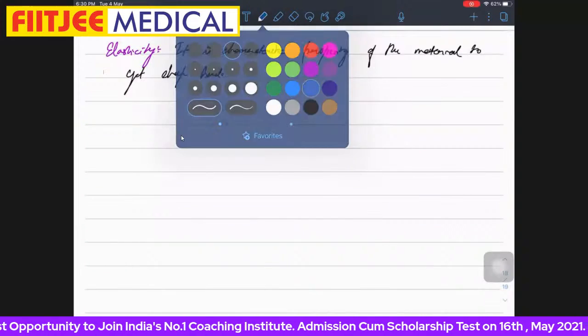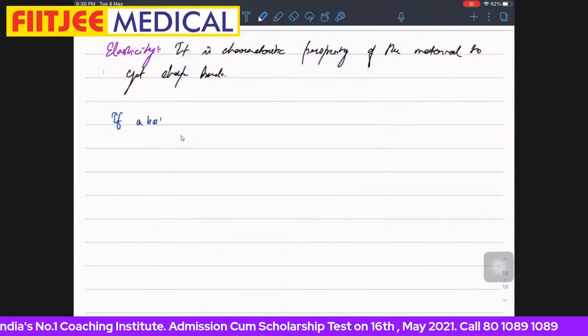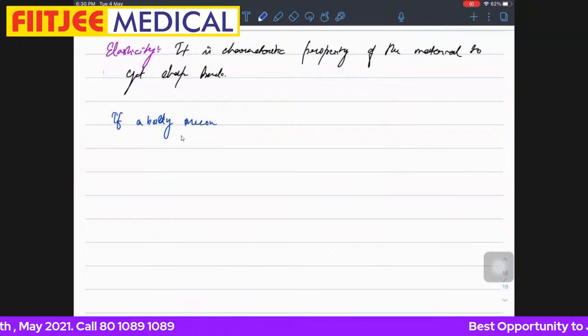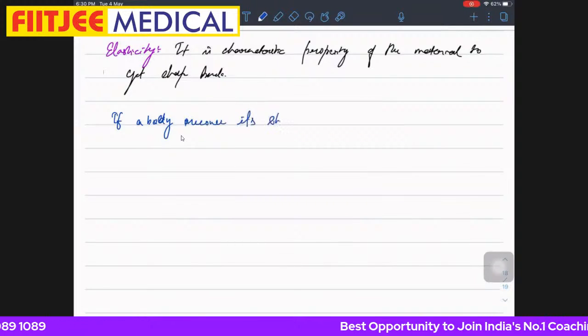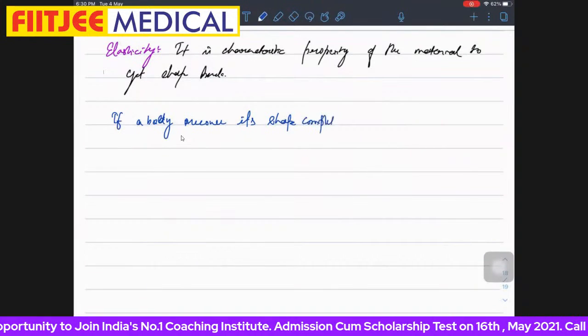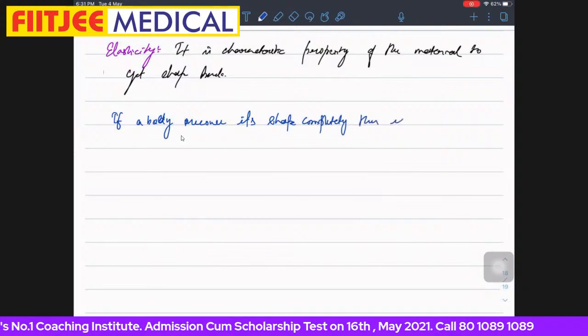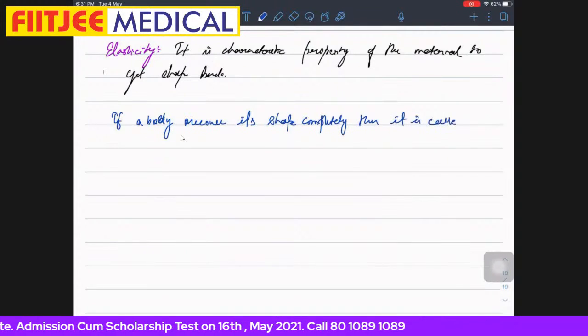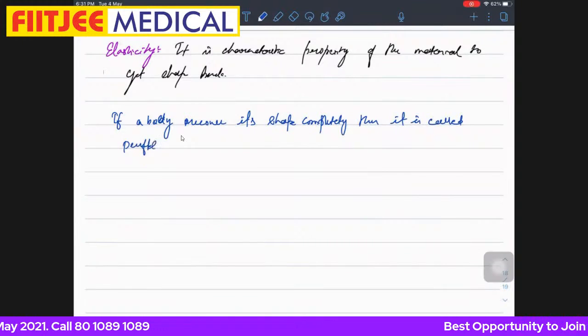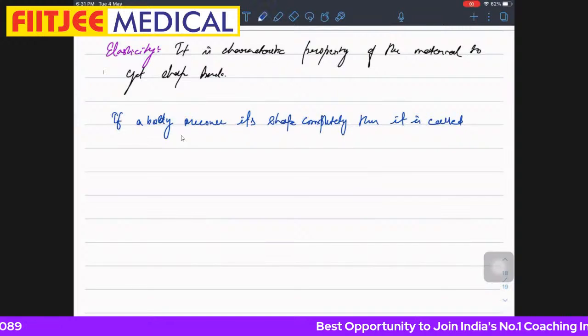So we can say, if a body recovers its shape completely, then it is called a perfectly elastic body.